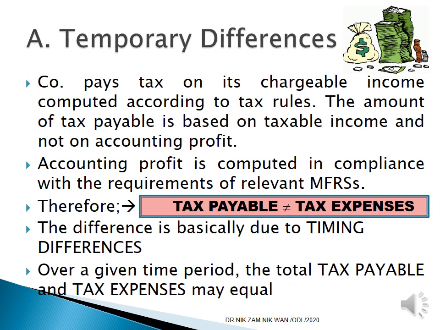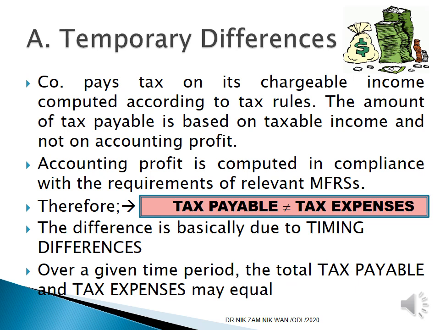Okay. So accounting profit is computed in compliance with the requirements of relevant MFRS. So tax payable is not equal to your tax expenses. The difference is basically due to timing. Okay, over a given time period, the total tax payable and tax expenses may be equal, and that's why we call it temporary difference. Okay, because of the timing.